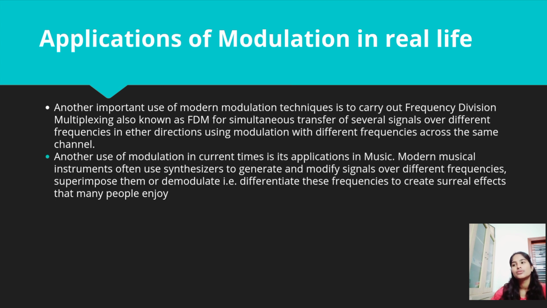Modern musical instruments often use synthesizers to generate and modify signals over different frequencies, superimpose them or demodulate them, to differentiate these frequencies and create a real effect that many people enjoy.